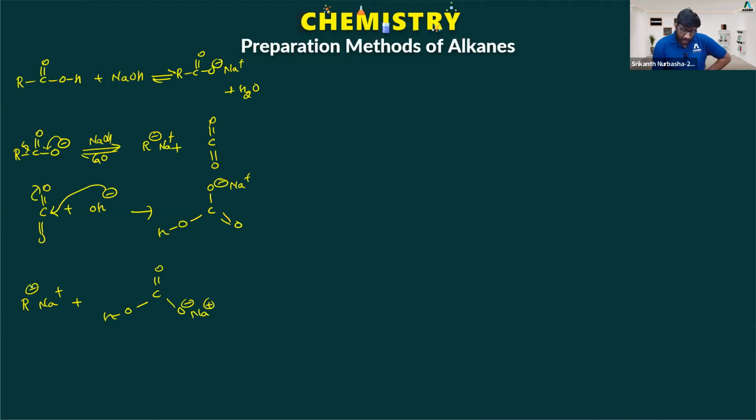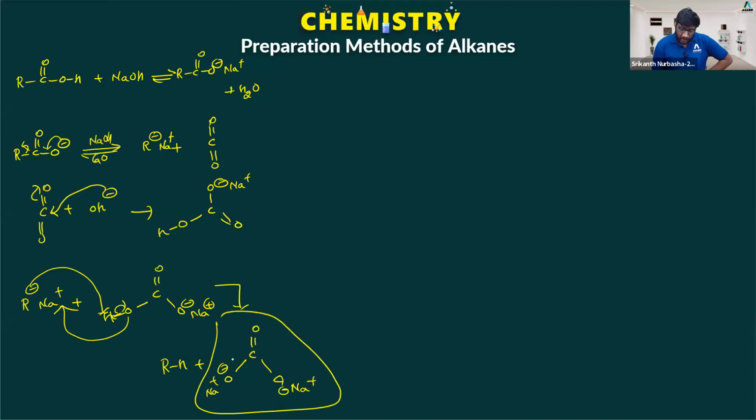R minus will try to pick up this proton. This OH electron density will be given to oxygen. So O minus will pick up Na plus again, forming RH and CO3 with O minus Na plus on both sides. What is this? Nothing but Na2CO3, or not?